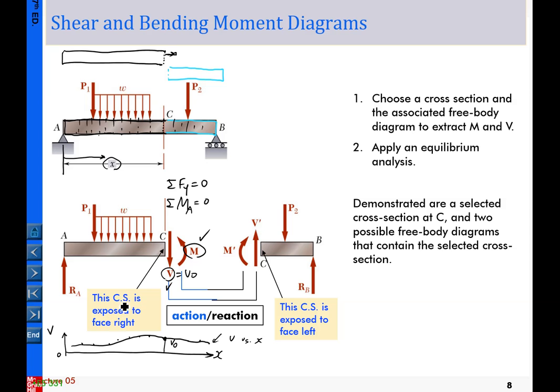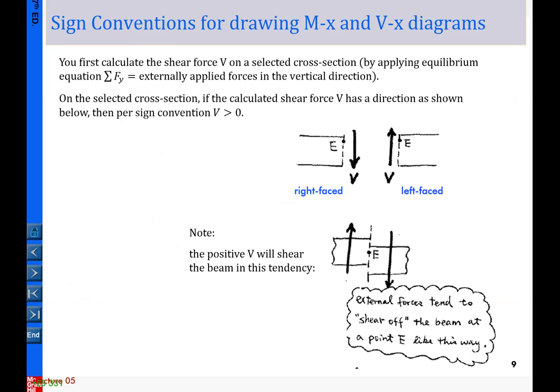Okay, so that is the cross section exposed that faces right, and this section has an out normal that faces left. Basically here I use face right or face left to indicate the cross section, because whether a cross section faces right or faces left matters for the signs we use to describe the shear and moment in each section.